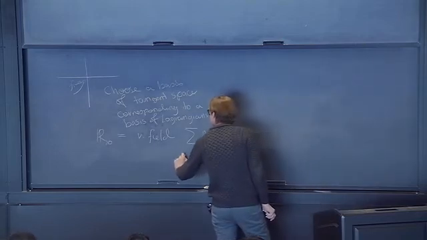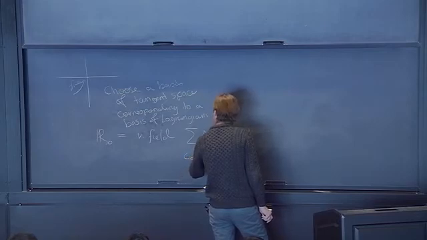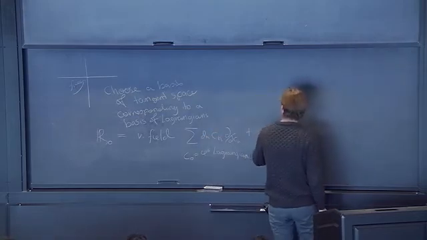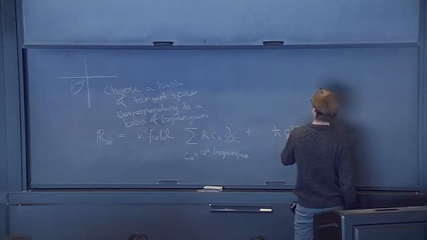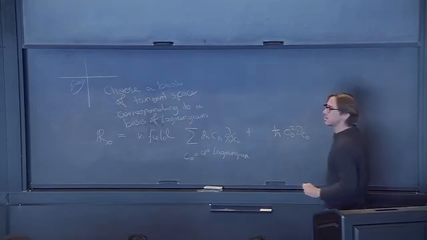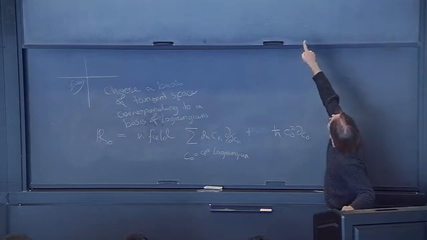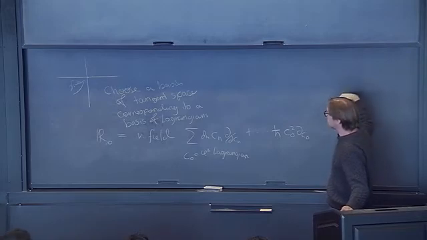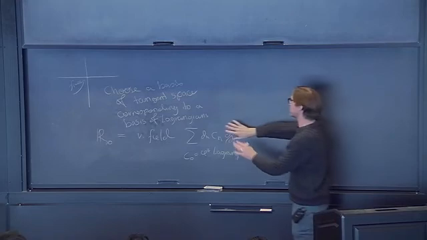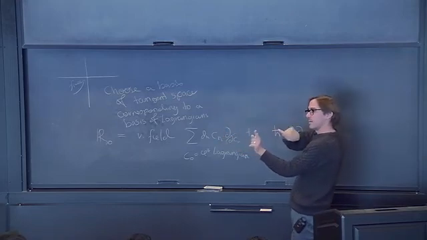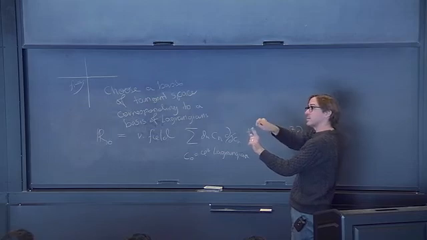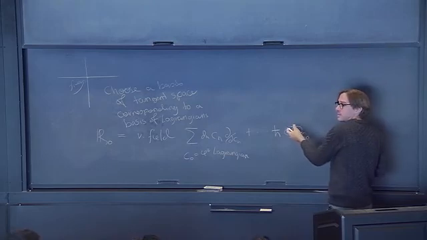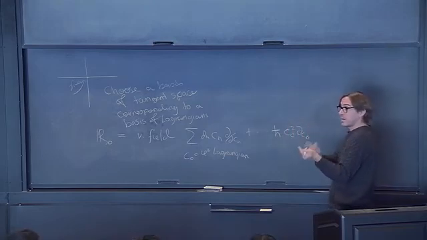So if, say, C_0 is the phi to the 4th Lagrangian, plus h bar C squared. It's a C squared because you get a C squared there. For instance, if you look at the directions which are fixed point directions, this gives us the subleading term. And the higher loop terms will give you the higher powers of C. But you really care about what happens near the fixed points, and there this is the dominant term.